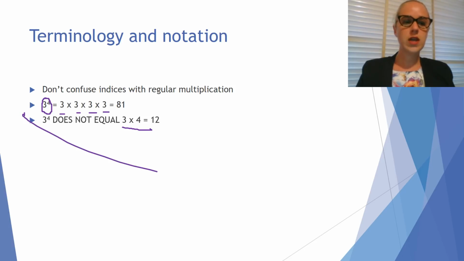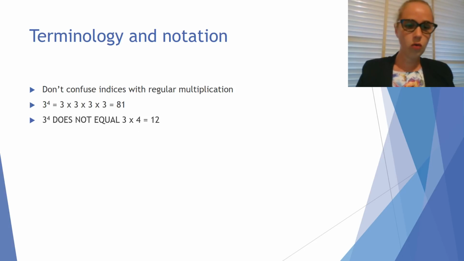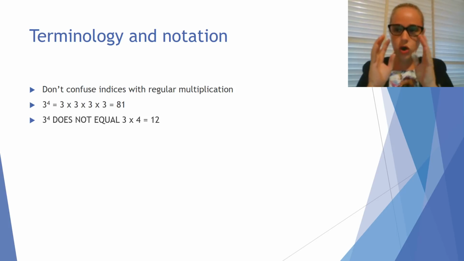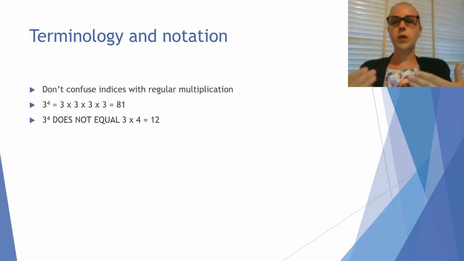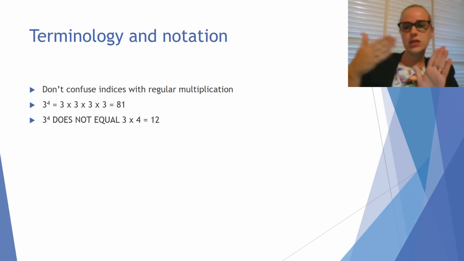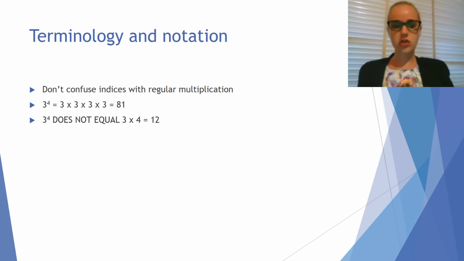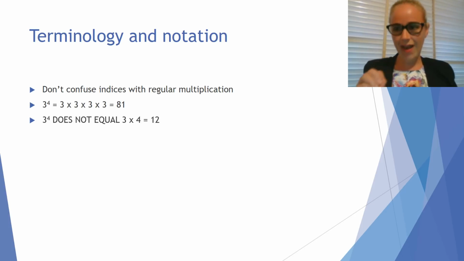When you see 3 to the power of 4, you do that 3, 4 times. It doesn't mean 3 times 4. So be careful when you use the word times, because a lot of the time when we use the word times, we mean multiplication, not repeat this step on these occasions. So take care with using the word times.